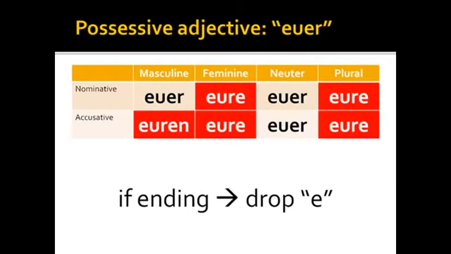Even if the stem of the possessive adjective doesn't have ein in it, we're still going to follow this pattern. And then finally, the only one that sort of deviates slightly from this pattern is the possessive adjective euer, or y'alls. So, possessive adjectives.